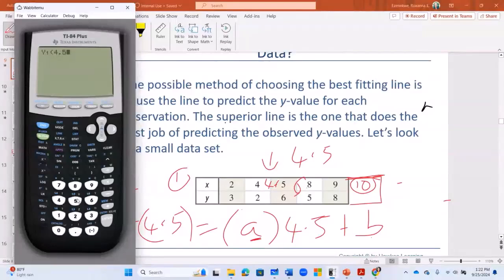In other words, I'm telling my calculator, please substitute 4.5 wherever there is X in that equation in Y1. Then I hit enter, and I have 4.087.